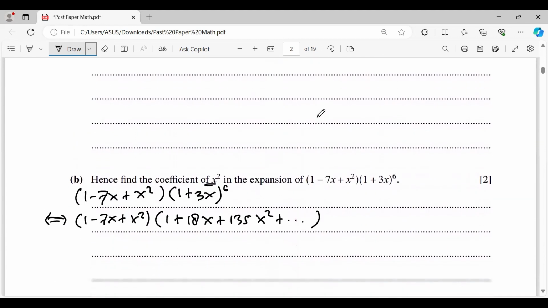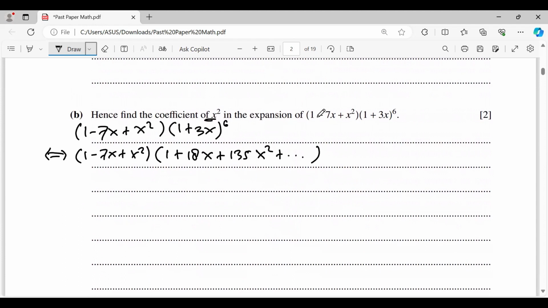Yeah, correct. Now, let's describe this. 1 times 1 is 1. 1 times 18 is 18x. I mean, it's 18, not 1. It's 18.